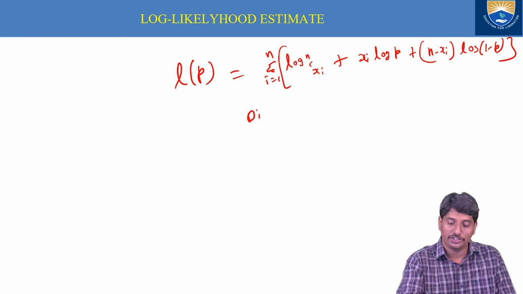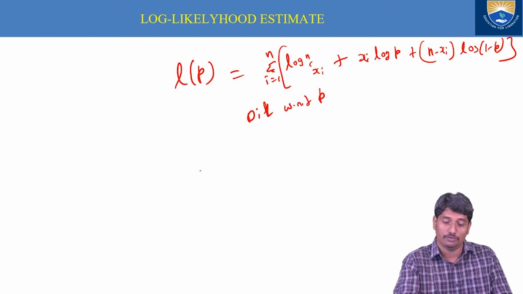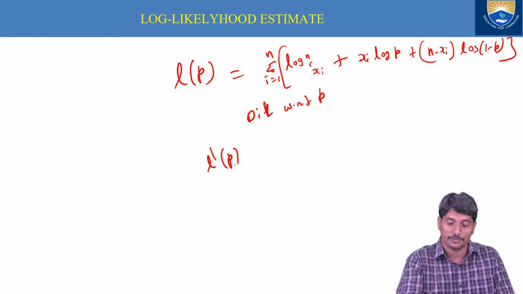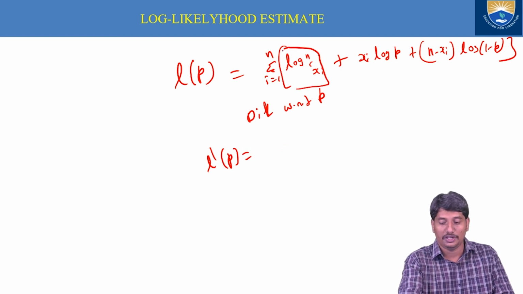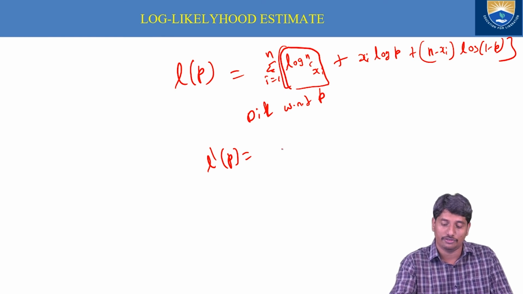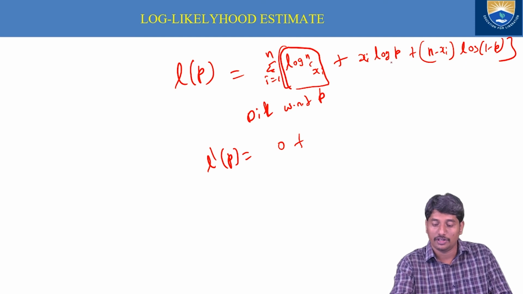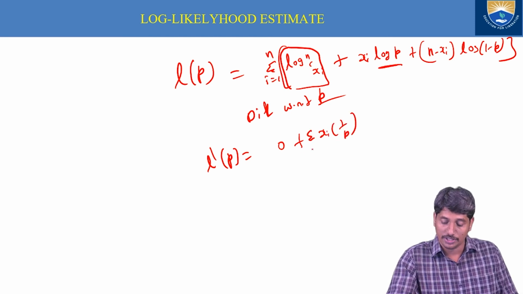Now differentiate with respect to p. What we are getting, small l dash p is equal to, here no p term we are observing. No p term means constant, so the derivative of a constant is 0. That is why this becomes 0. And here we are observing log p. The derivative of log p with respect to p is 1 by p. So xi into 1 by p, under summation i equal to 1 to n.